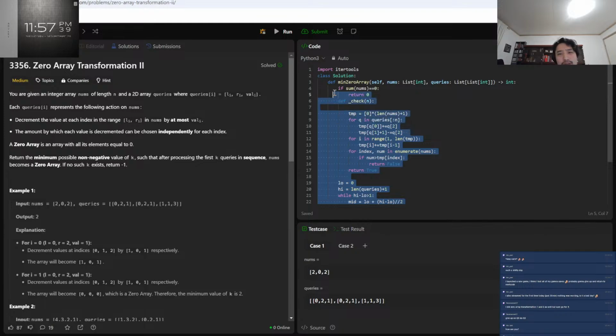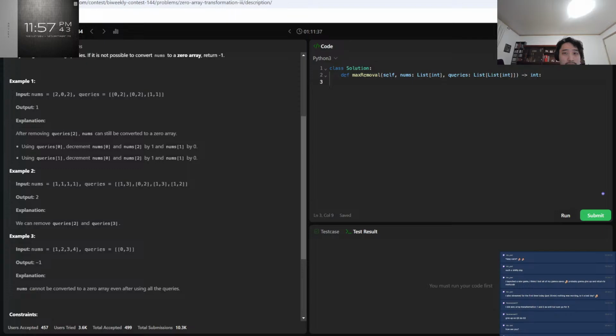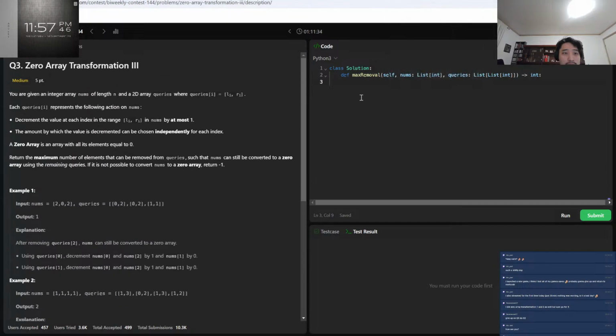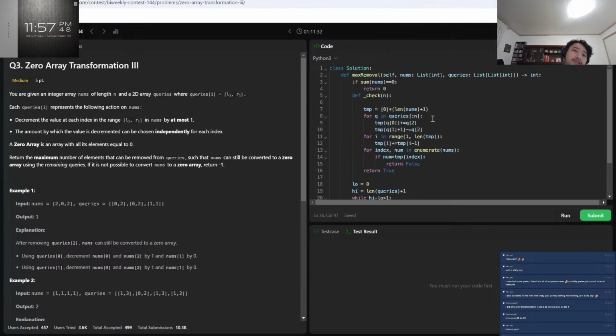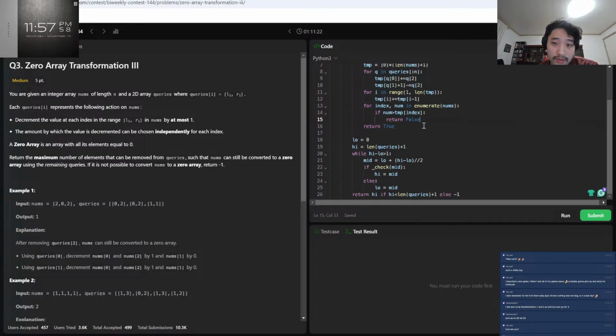To be fair, I might actually just copy what I did on 2 and augment it into 3. Because this is not gonna work, obviously. Because if the check returns true and false, so maximum number of elements that can be removed.